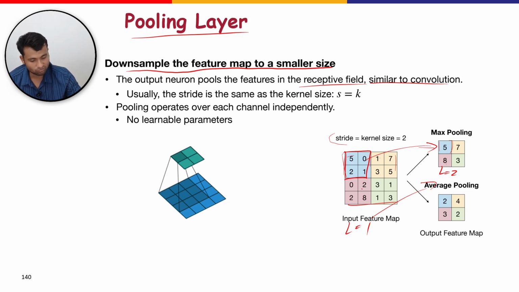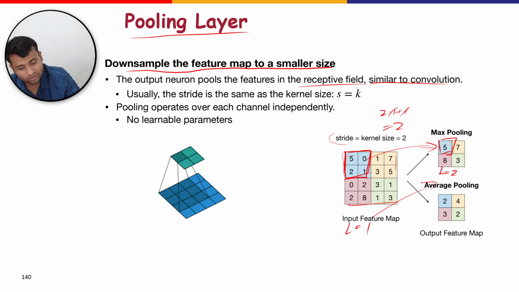It is kh minus 1 plus 1, based on how many layers you've gone into. Here, since it's 2, 2 minus 1 plus 1, this will cancel, so the receptive field size is 2. So each of these is coming from a 2 cross 2 region here. This receptive field calculation you can easily understand once you become familiar.